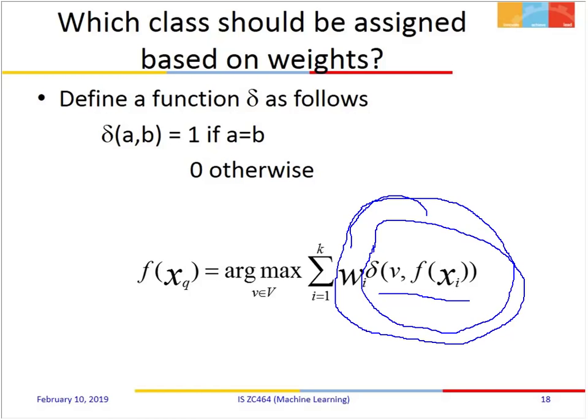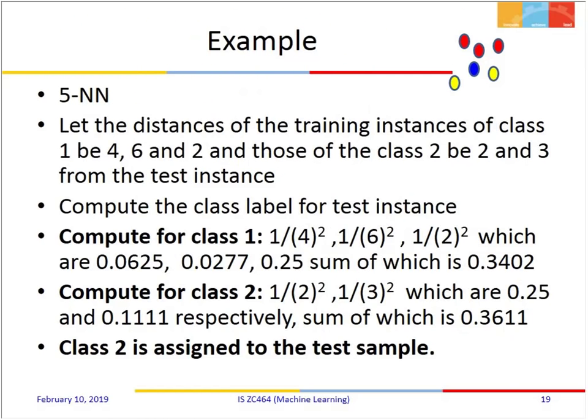Let us see a small computation. I am giving you some values because graphically you may not get any idea about the distances. So let the distances of the training instances of class 1 be 4, 6 and 2. You can always say that these red points are at distance 4, 6 and 2 from the blue point.